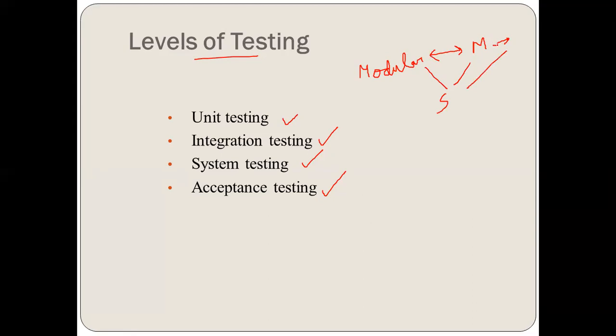So here also we are using this approach in which we are working in hierarchy. That means first we will do unit testing. Unit testing means we will first test a single unit. It can be a single module, right? First a single module will be tested.